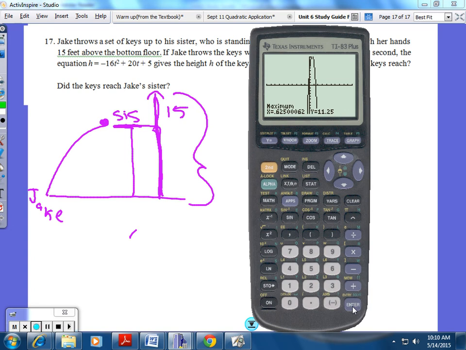And we get the maximum height, 11.25. Remember, maximum height is always y, and the time that it takes to get to its maximum height is always x of the vertex. Those are the pieces of the vertex. So we get 11.25.